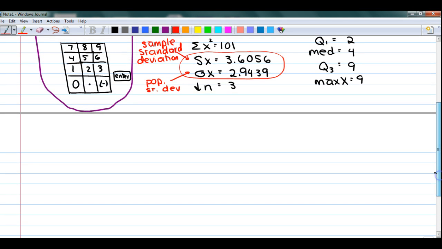But let's look. If we put our data in a column, and then we calculate the mean. So I add these guys up, divide by how many numbers I have.